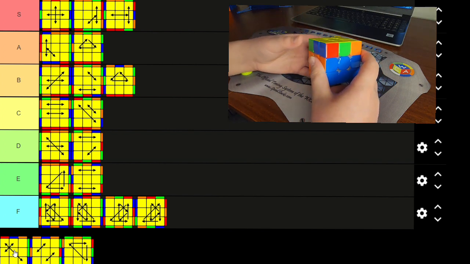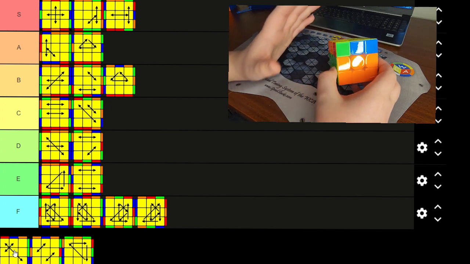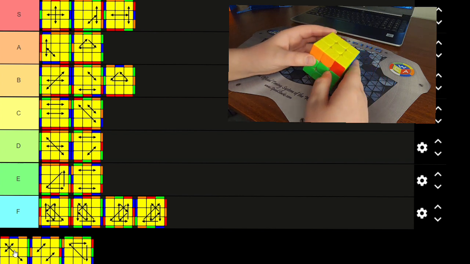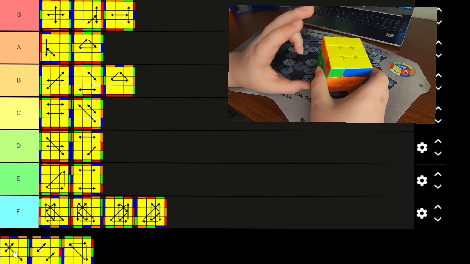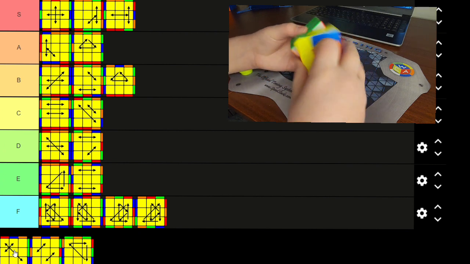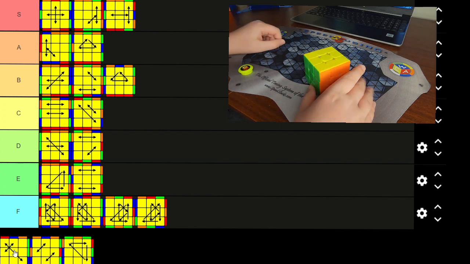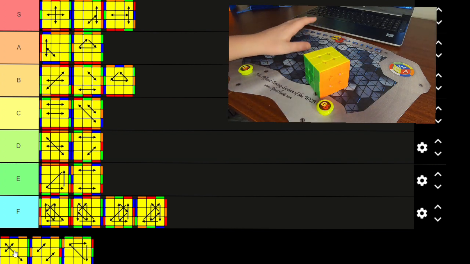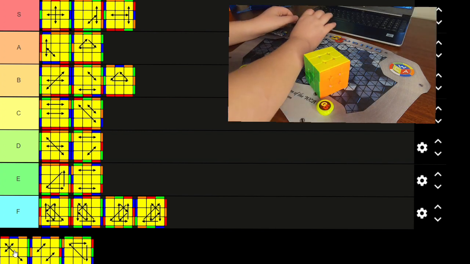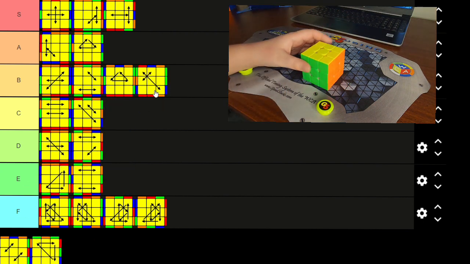So there would be nothing here. Then I would just look around to try and figure out what it is. It would usually take me a while to realize that these two bars are right next to each other. So I would just have to do this and then realign it. But the algorithm itself is very smooth, very easy to learn. So because of that, it deserves B tier.